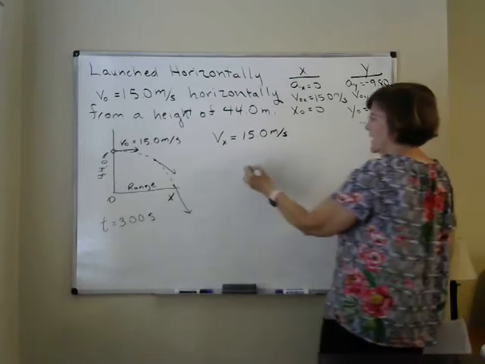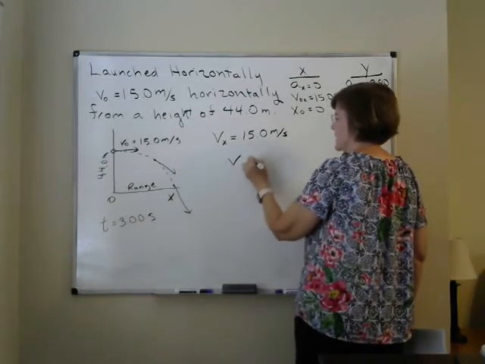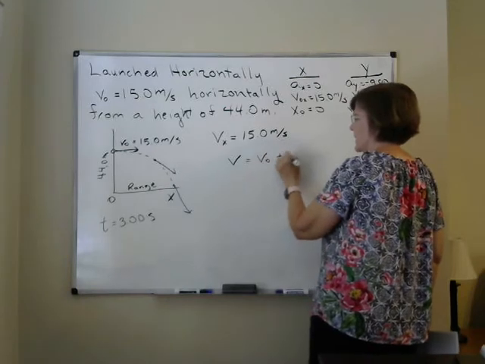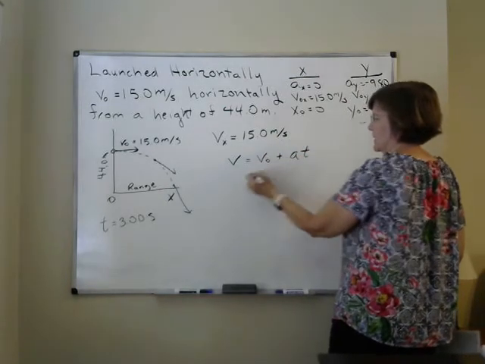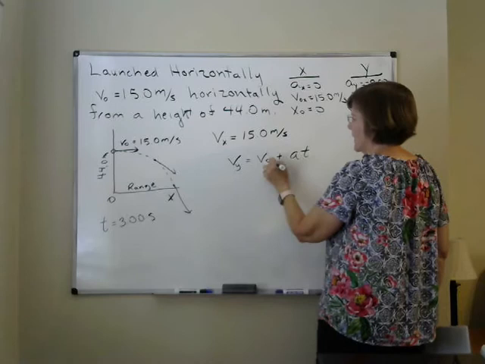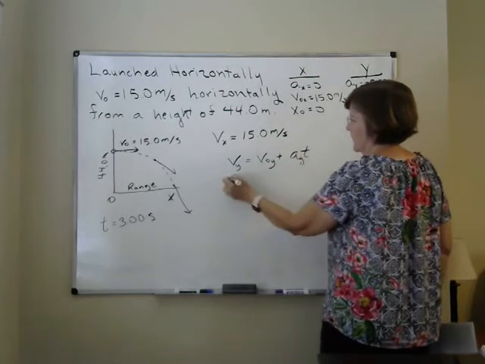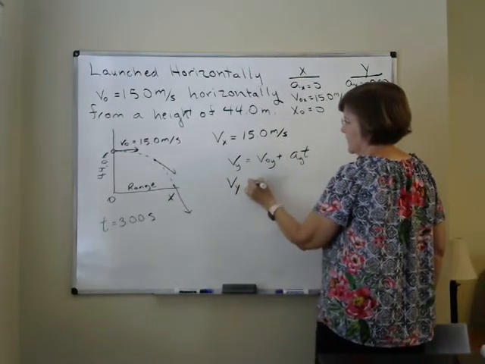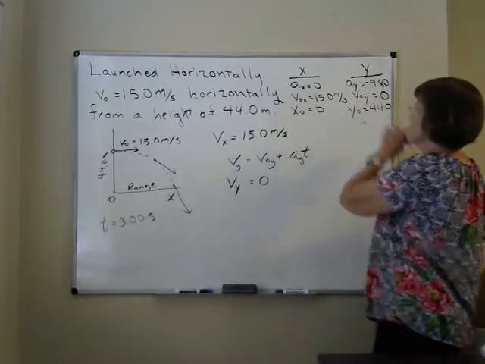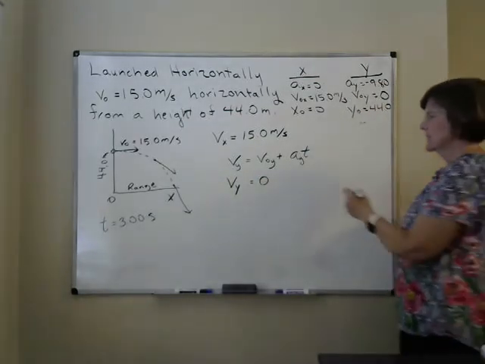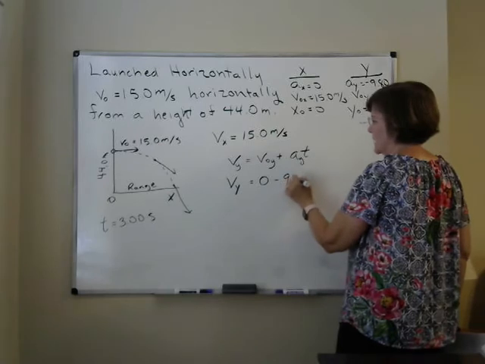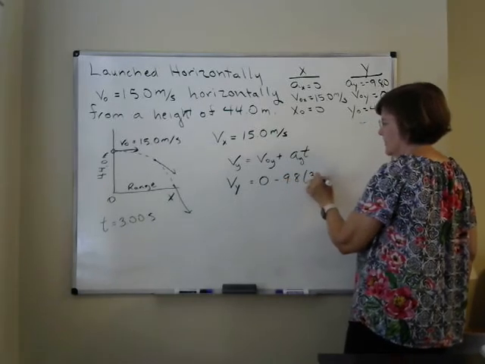But vertically, we have to go back to the fact that velocity is v0 plus at. So if we want to look at the y, Vy is going to be 0. It did not start with any vertical velocity. Minus 9.8 times 3 seconds.